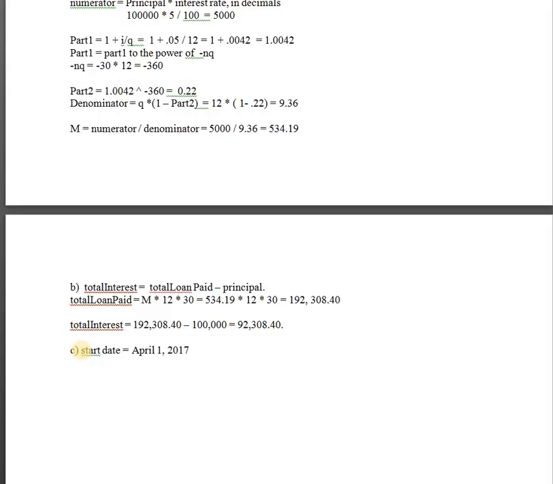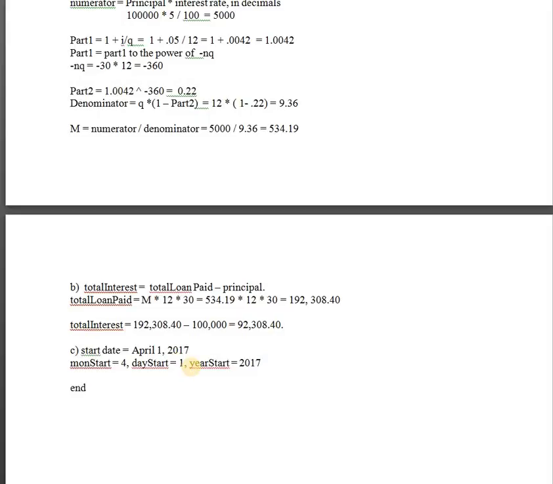That means that the month for starting is going to be 4. The day for starting is going to be 1. And the year for starting is going to be 2017. Well, that was easy.